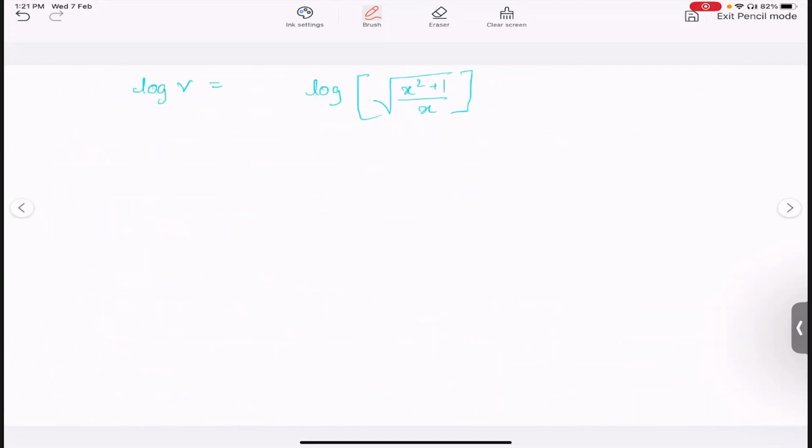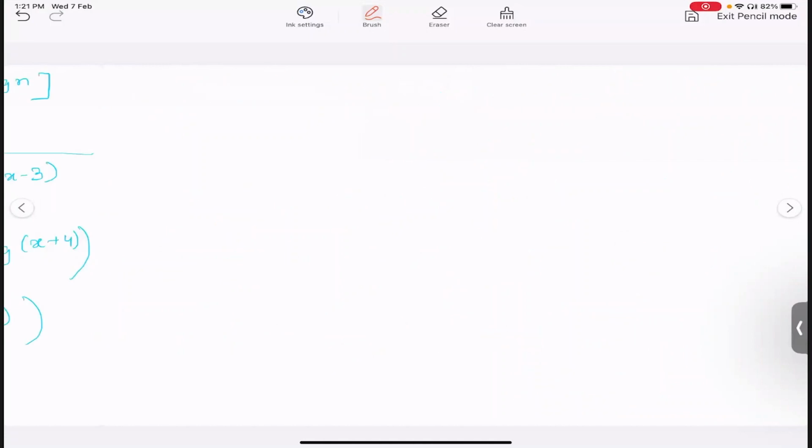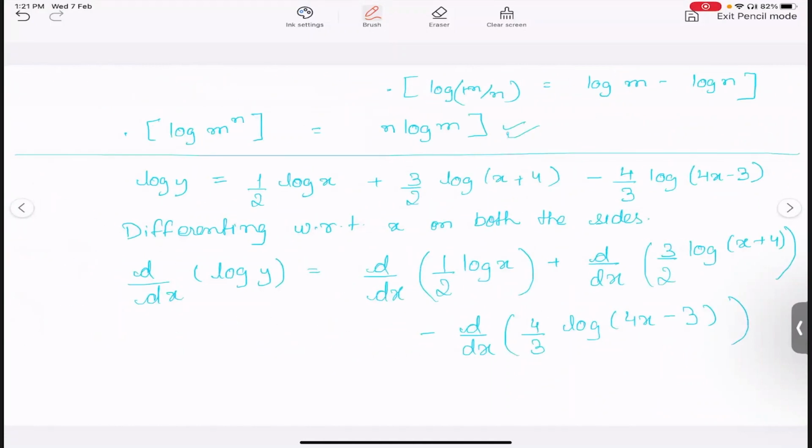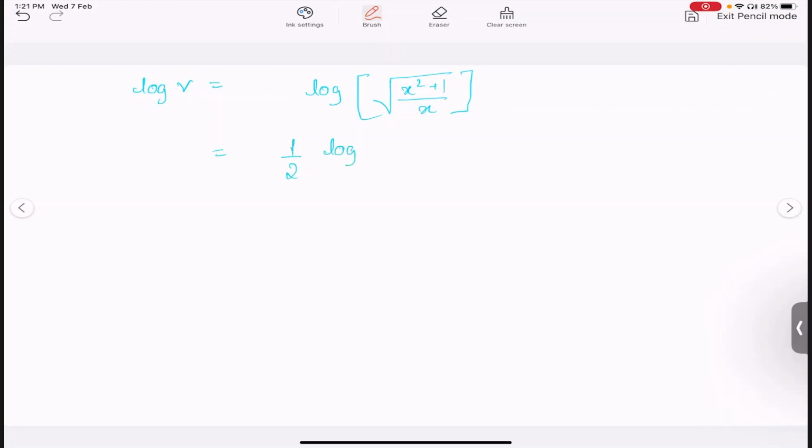Now first we know this identity, I had written it before. If there is m to the power n, so n will come out. So here half is there, so it can be taken out. So log of x square plus 1 by x is what we are left with.